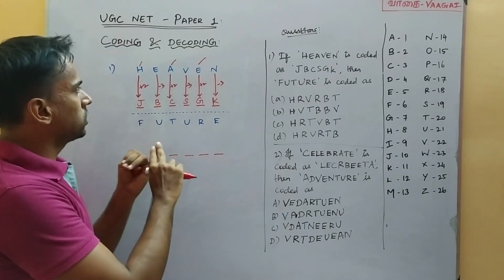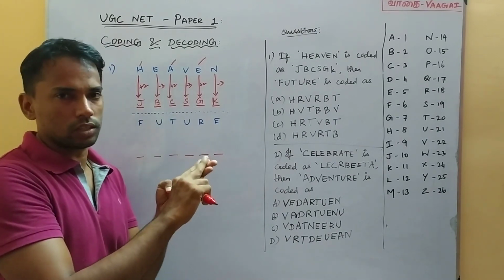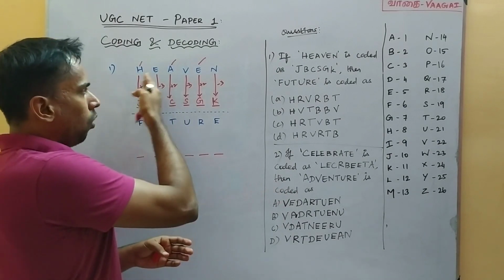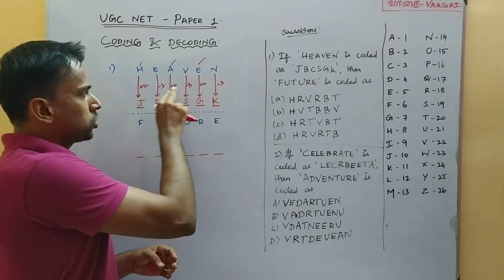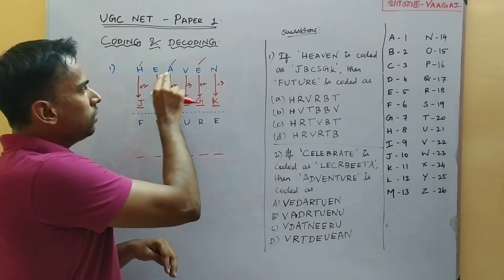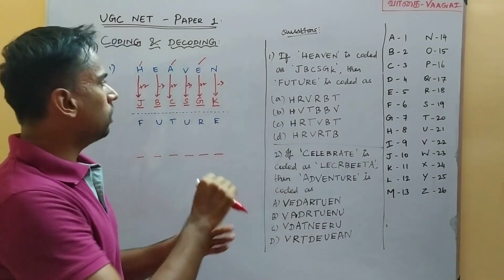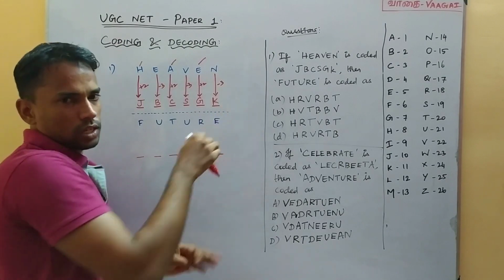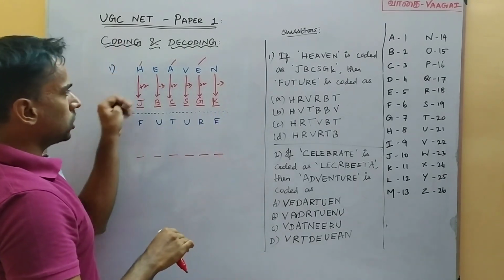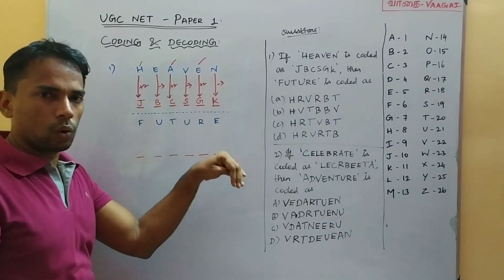For the first, third and fifth positions, I can even say the odd positions, they are moving plus 2. And for the even positions, the second letter, fourth letter and sixth letter, they are moving minus 3 positions. Is that clear? So this is what they are doing while they are coding.